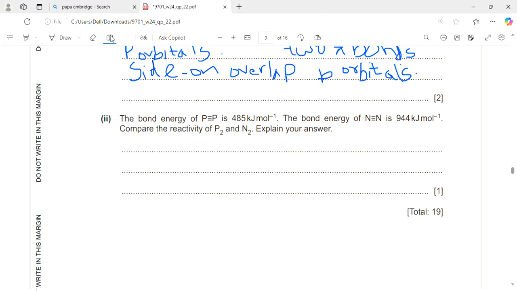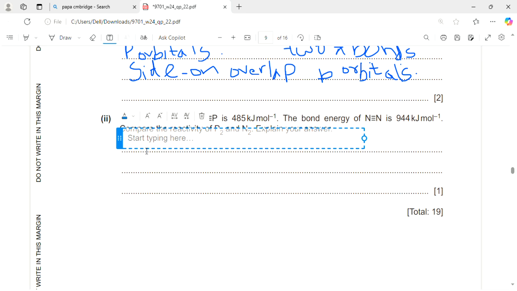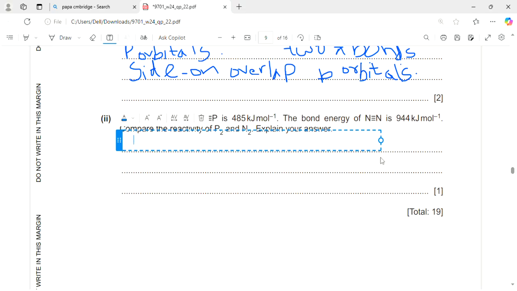P triple bond P is weaker, so P2 is more reactive than N2. This is just simple.